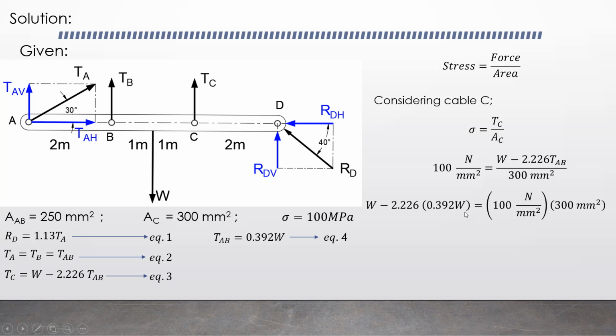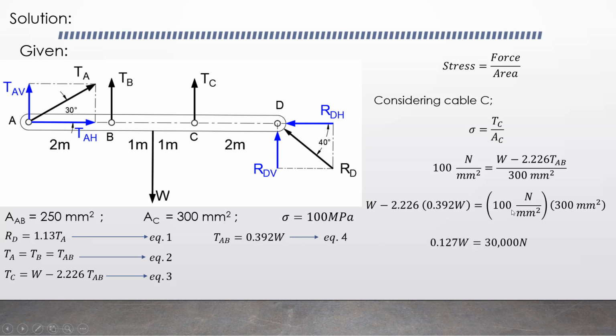Using that equation, we can now solve for W. We substitute again the value of AB from equation 4, which is equal to 0.392 W there.